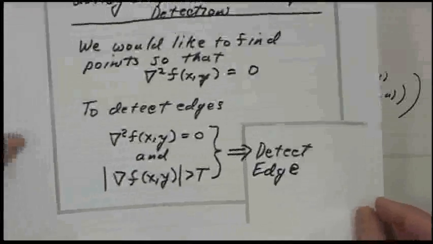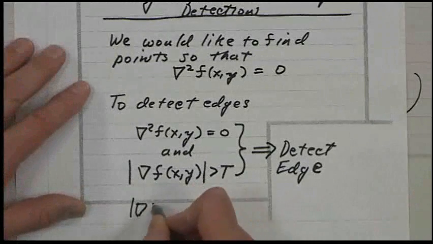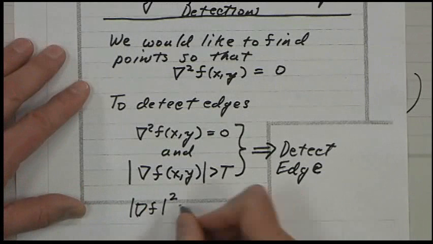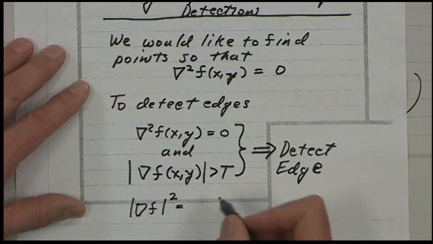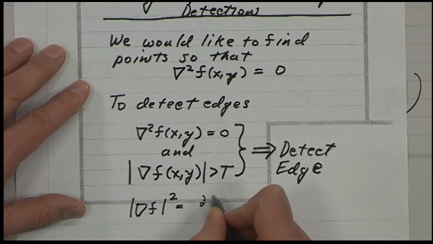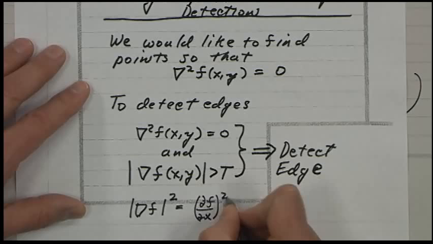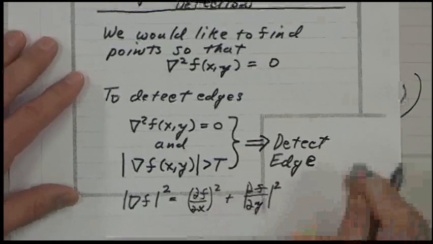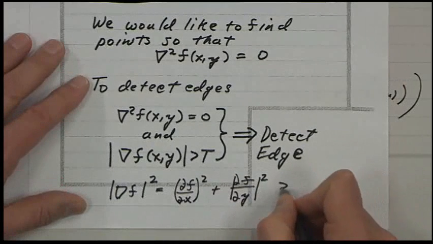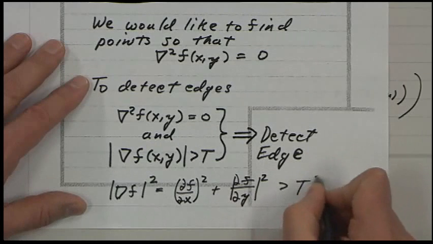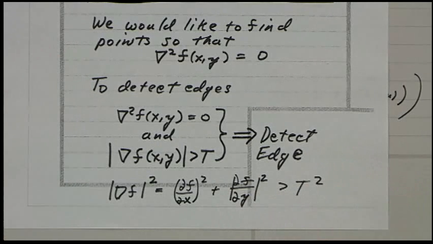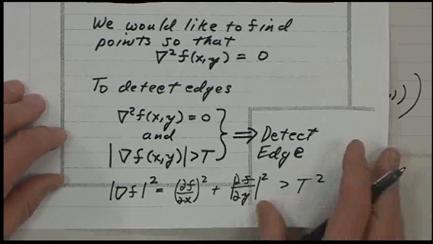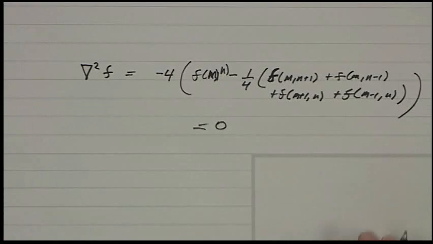But you can simplify that by just taking the magnitude of the gradient squared, which is df dx squared plus df dy squared, and then compare that to t squared. That removes the need to do a square root, which is sometimes a problem because square roots are slow on a lot of computers.